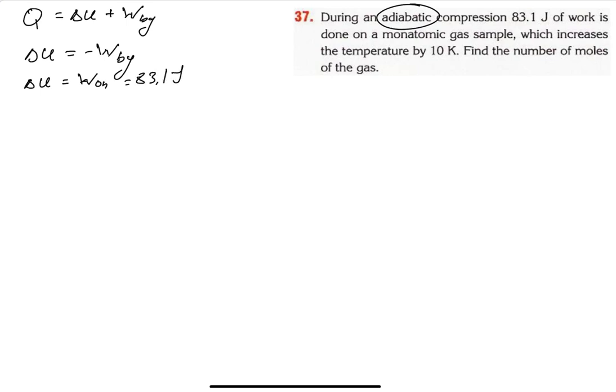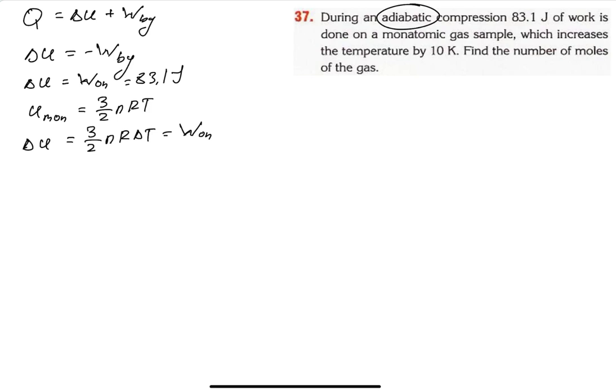And to get the number of moles, here we have to use the internal energy of a monoatomic gas, which is 3/2 nRT. That means the change in internal energy will be 3/2 nR delta T, which is equal to the work done on the system as well.